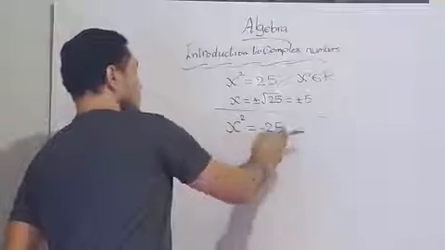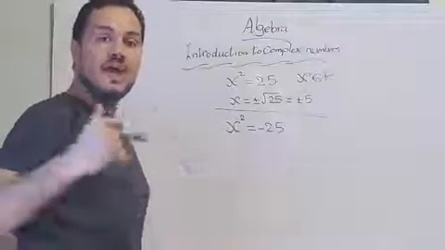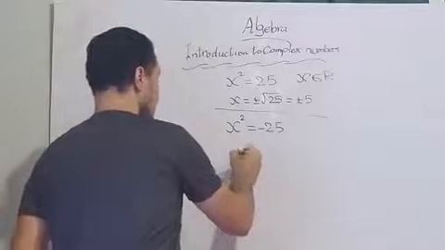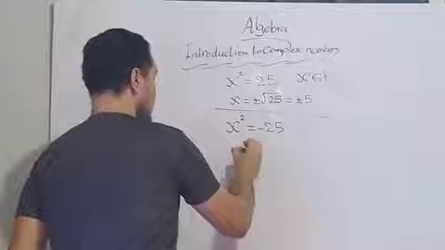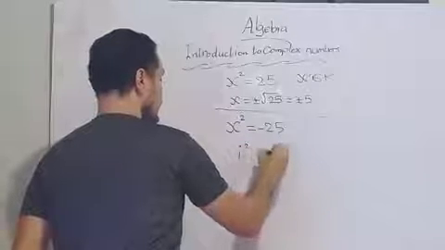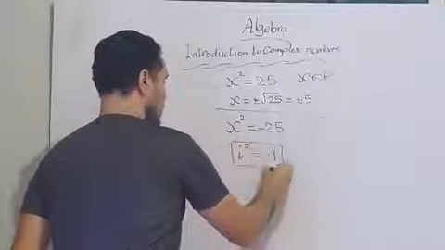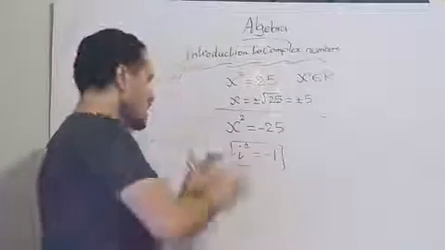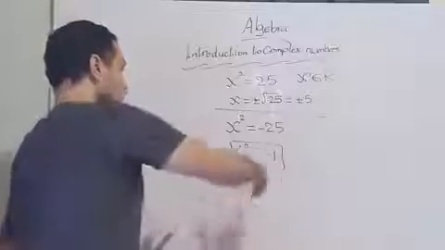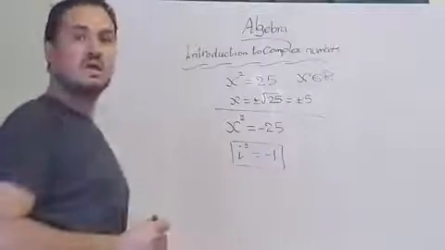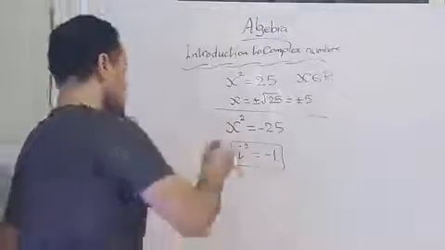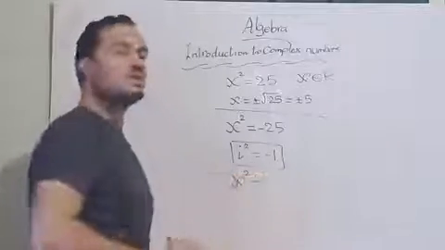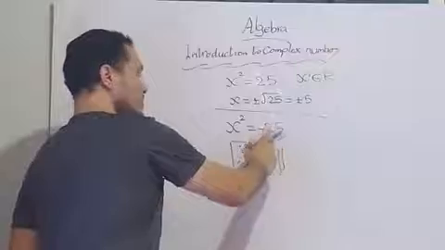To do this, you may add a new symbol to your knowledge base: i² = -1. So let's pretend that negative 1 equals i². Let's replace negative 1 by i². So x² = -25.